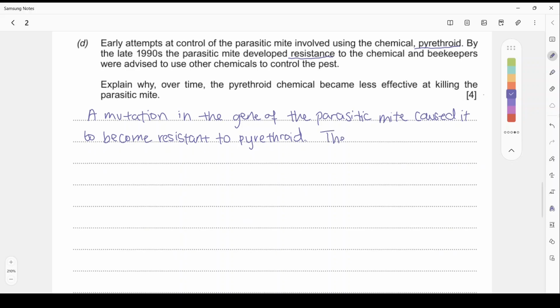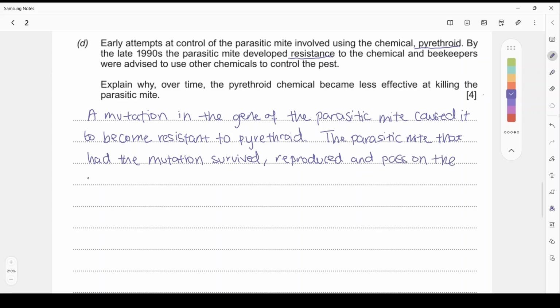The parasitic mite that had the mutation survived, reproduced, and passed on the allele to their offspring.